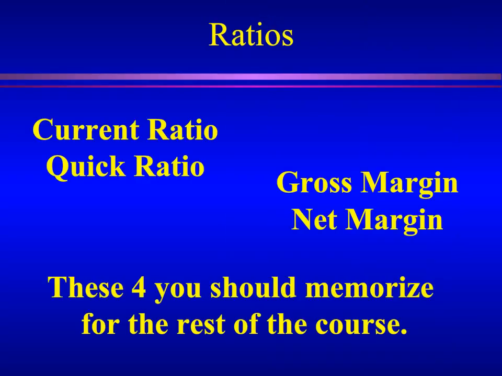Okay, ratios. We cover quite a few ratios in this course. Current ratio and quick ratio, you should already know. And actually, you should know the gross margin and the net margin as well, from previous courses. These four you should memorize not just for the rest of the course, but if you're going to be in business, you should memorize for the rest of your life, just the way it is.